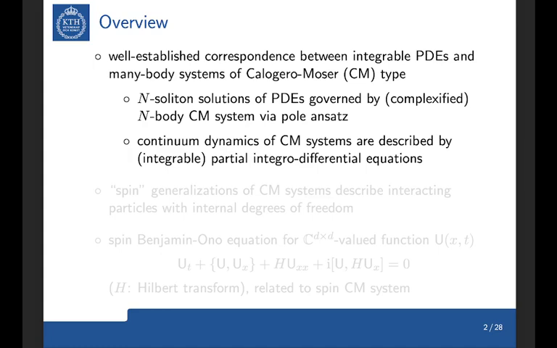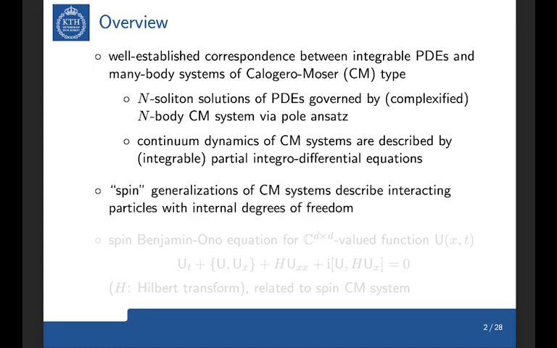The second way, and this is a more recent idea, is to take continuum limits of CM systems, and in doing so, generate new integrable PDEs. In fact, the PDEs found in this way turn out to be non-local, with non-localities given by a Hilbert transform or a generalization of a Hilbert transform.